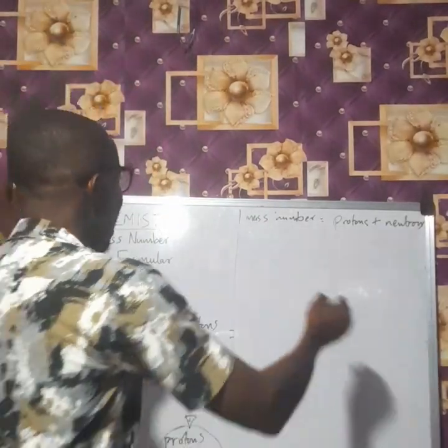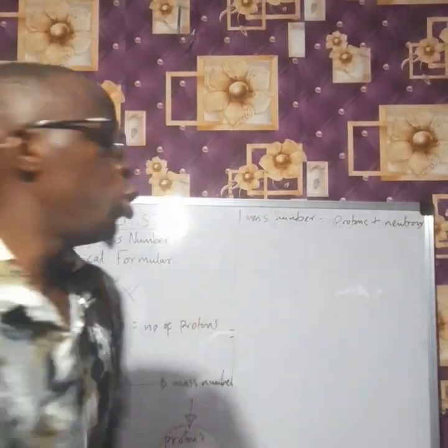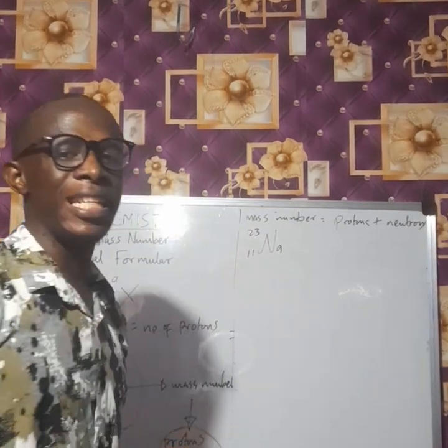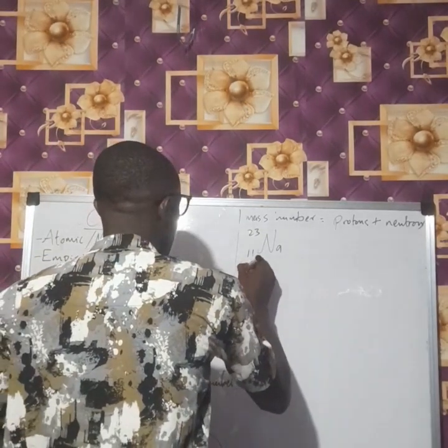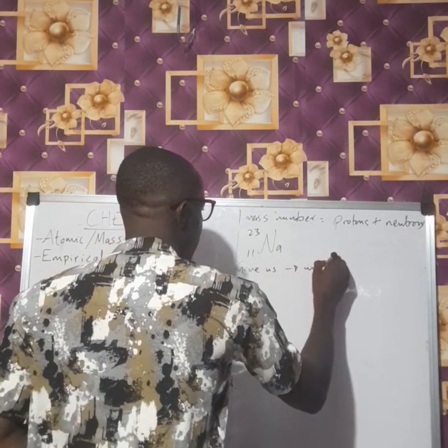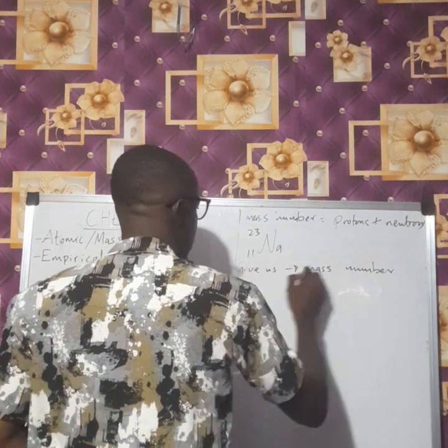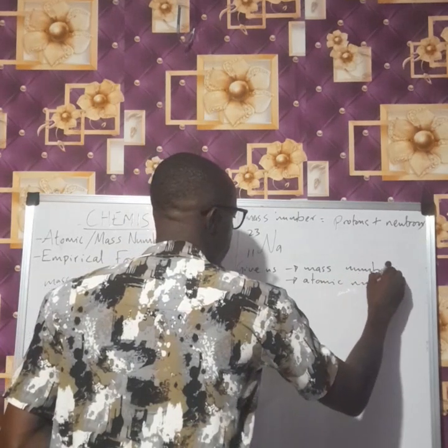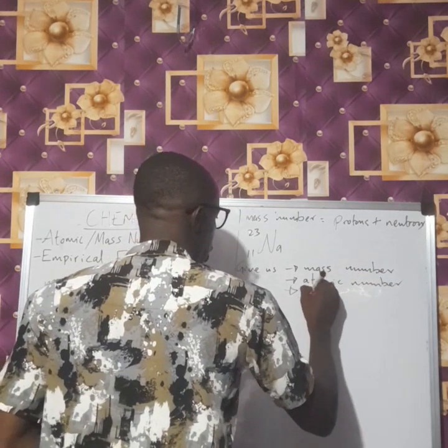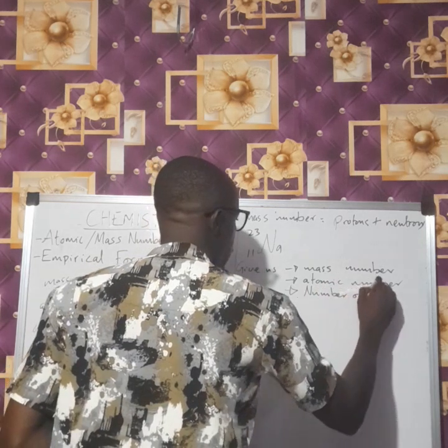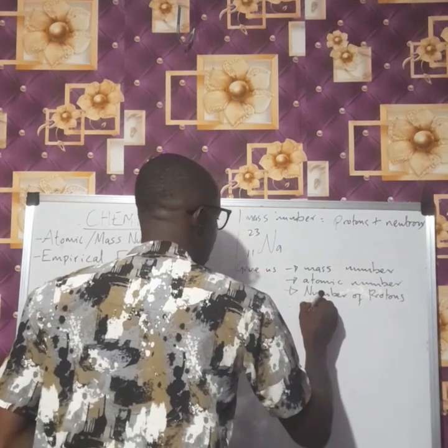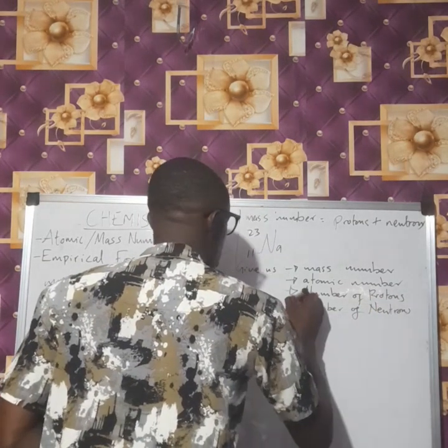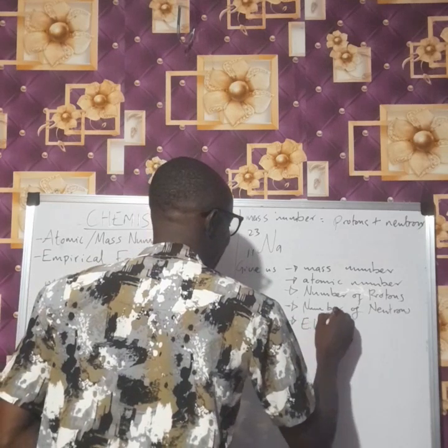Now we continue. I have an element, let me say I have sodium, Na, 23 and 11, and I'm asked to give us the mass number, the atomic number, the number of protons, number of neutrons, and the number of electrons.